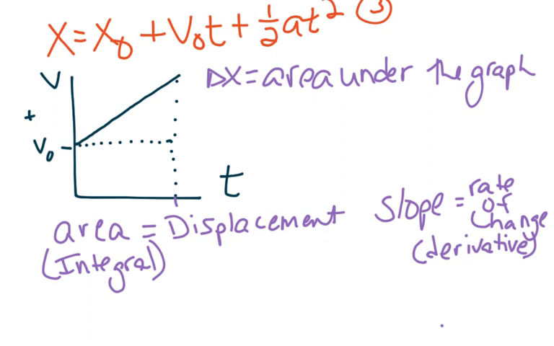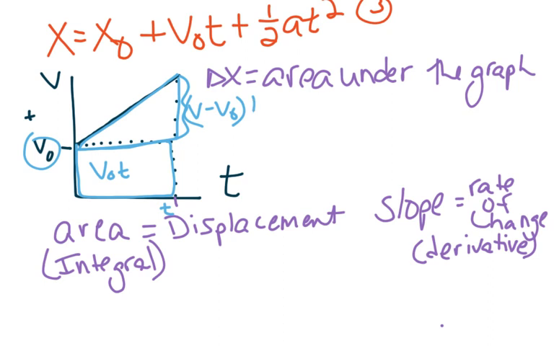So let me use a different color. We have our time t down here. So if I look at this, this is a rectangle with a height of v naught and a base of t. So the area here is v naught t, okay? If I look at this triangle up here, then it has a height of v minus v naught.